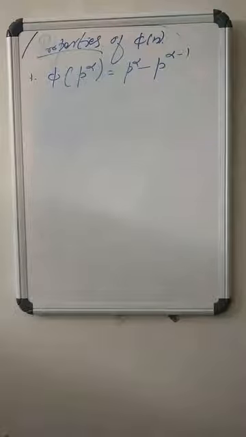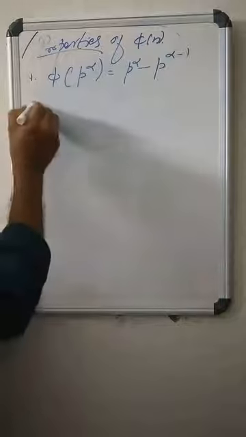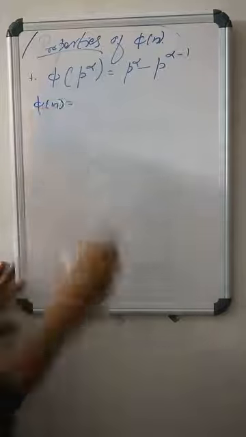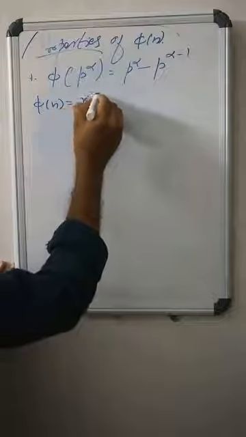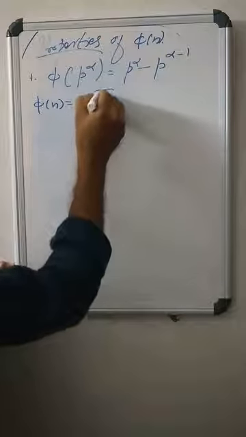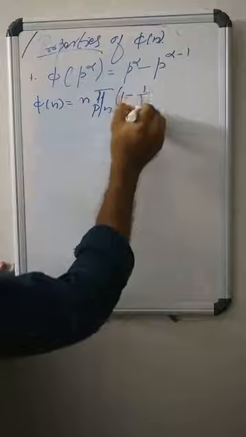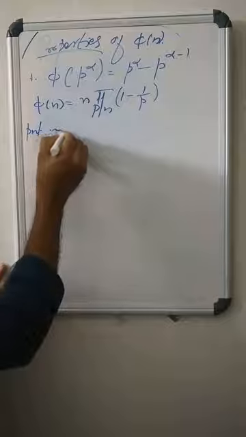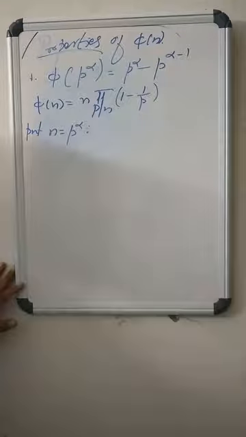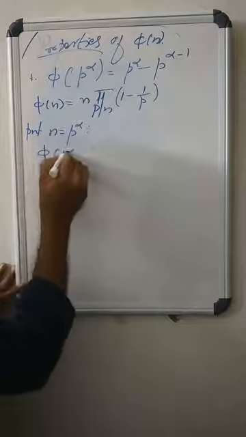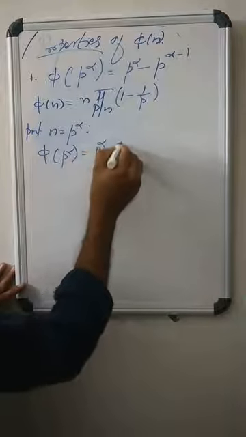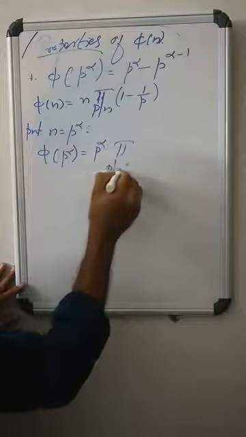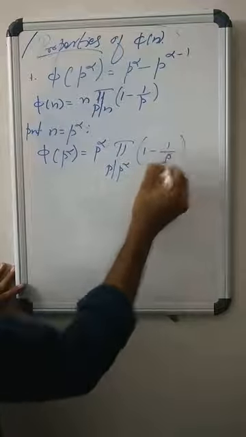Phi of p power alpha equals p power alpha minus p power alpha minus 1. This immediately follows from our result. We have the product formula: phi of n equals n into the product over p dividing n of 1 minus 1 by p. Put n equals p power alpha. So what do you get? Phi of p power alpha equals p power alpha into the product over p dividing p power alpha of 1 minus 1 by p.